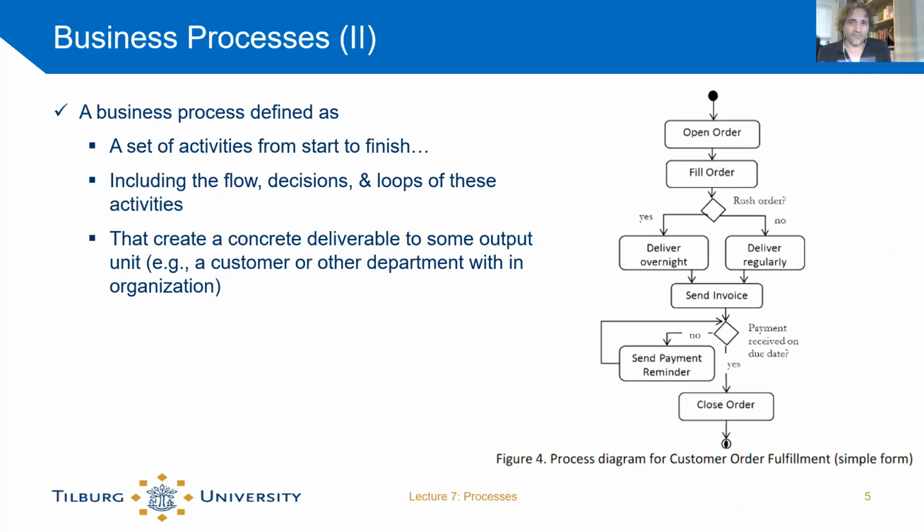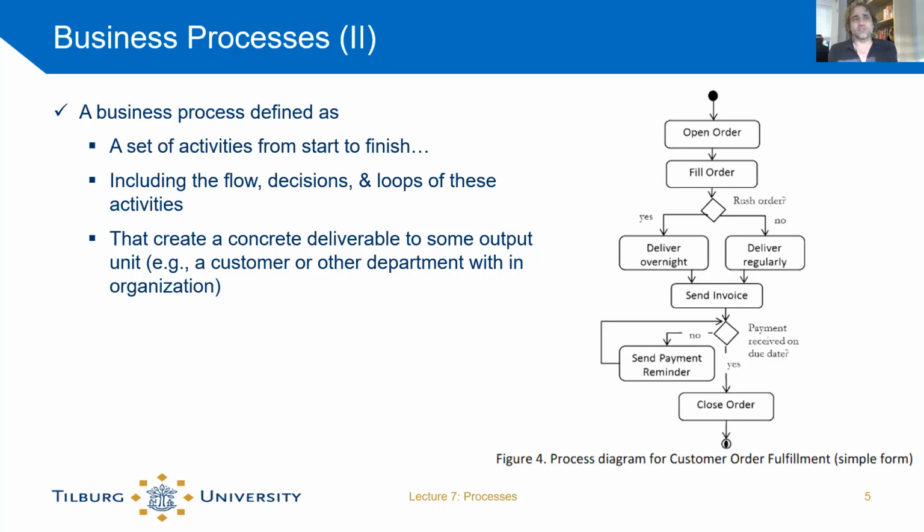So if we exactly define a business process, we define it as a set of activities from start to finish, including the flow, decisions, and loops of these activities, which then create concrete deliverable outputs to some output unit, for example another department, a team in an organization, or the customer.